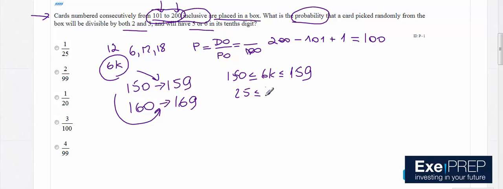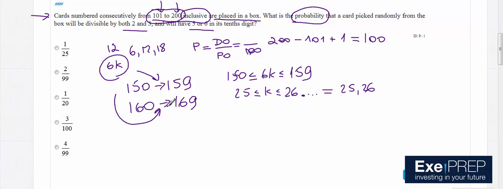This is k, and it's smaller than or equal to, so 156 will be the next one, so it will be a bit more than 26, but not 27, okay? So I will put 26 point dots, okay? So this is our range of k in this case, and because we remember from theory that k can only be an integer, a whole number, then k can have only two values here, 25 and 26, right?